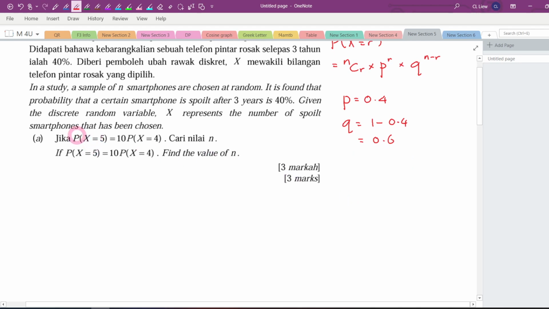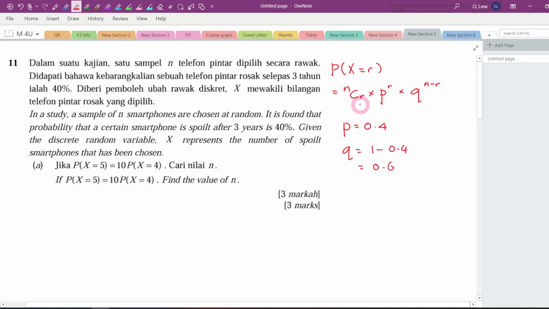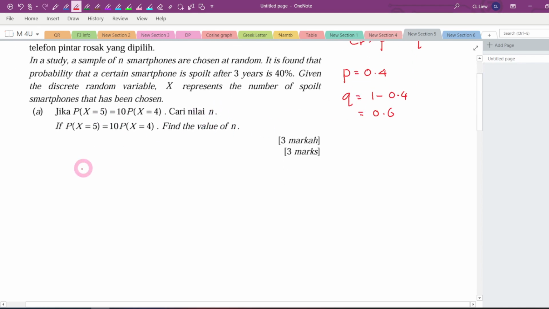Now, let me copy this equation first, and then I'm going to use this to help me get the value of n. Probability of X equal to 5 is equal to 10 times probability of X equal to 4.